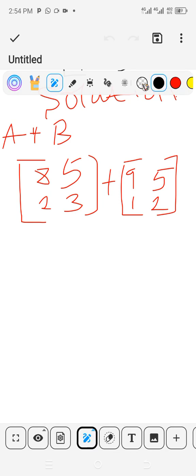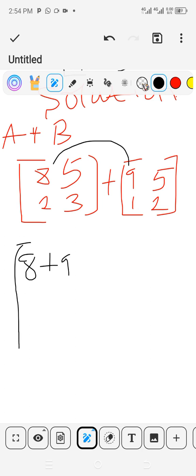We take the first number in matrix A, add it to the first number in matrix B. That is 8 plus 9. We put our comma to separate them from the next number.